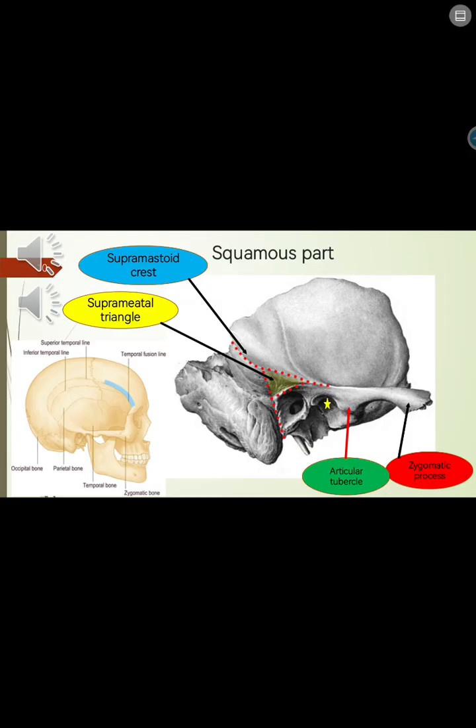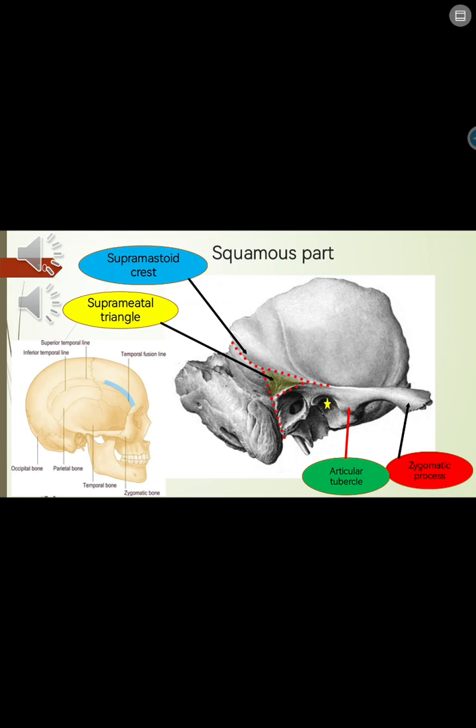We can see in the center of picture a triangle, suprameatal triangle, that I show you in yellow, and some dot lines that are its borders. One border is supramastoid crest, and another border is a part of external acoustic meatus.